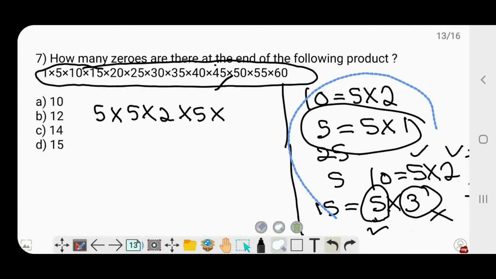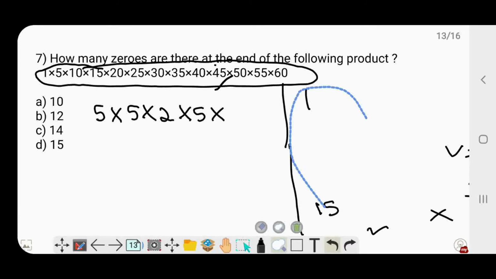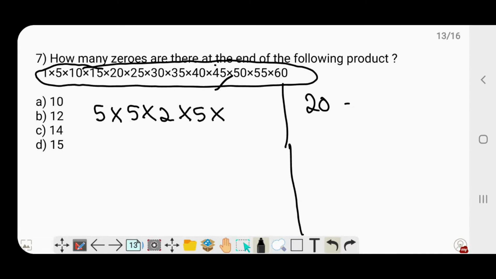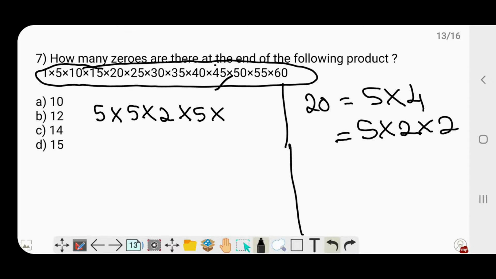So how can I express 20? 20 can be expressed as 5 into 4, right? 20 is nothing but 5 into 4, which in turn can be expressed as 5 into 2 into 2. So here we have two 2's and one 5, which again I'm going to bring here, into 2 into 2.